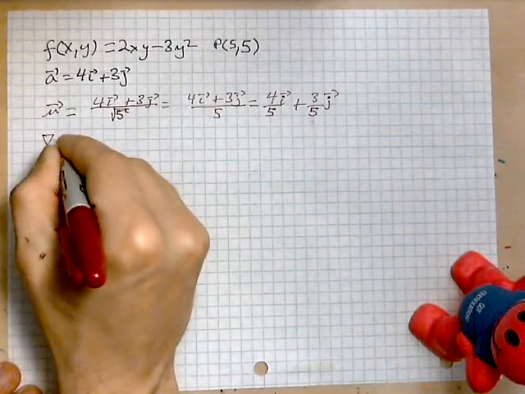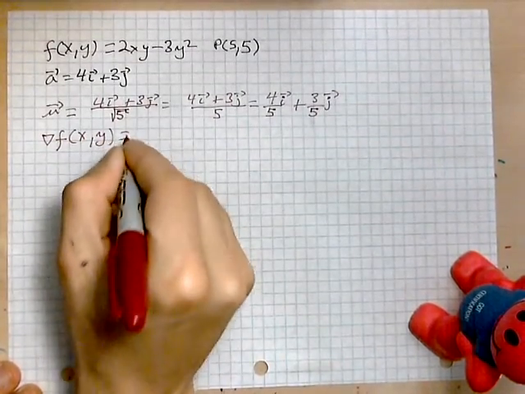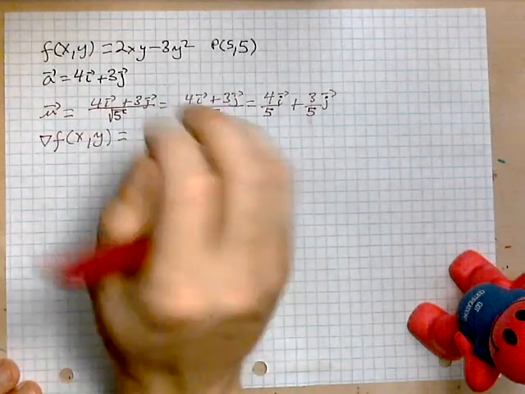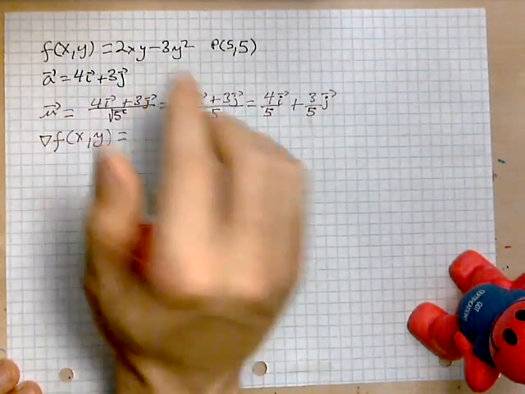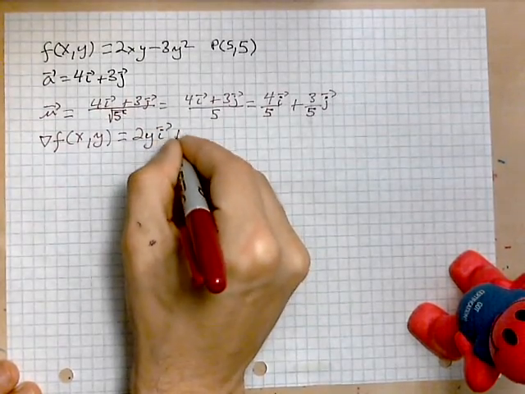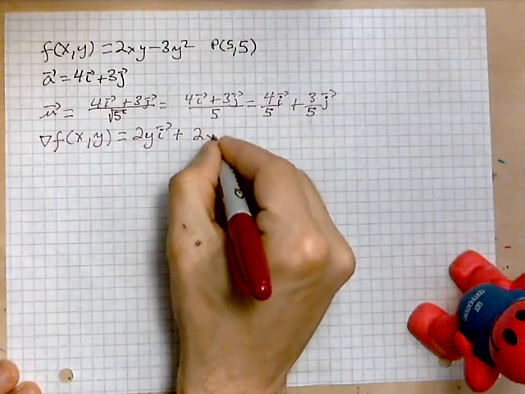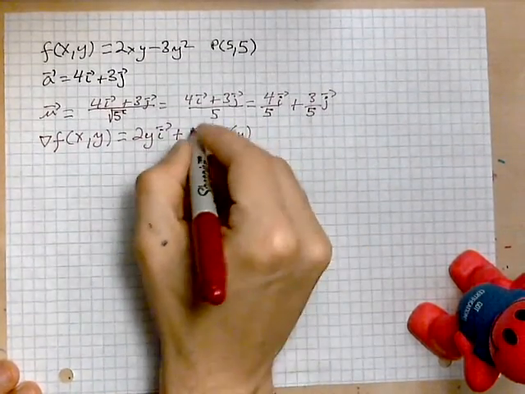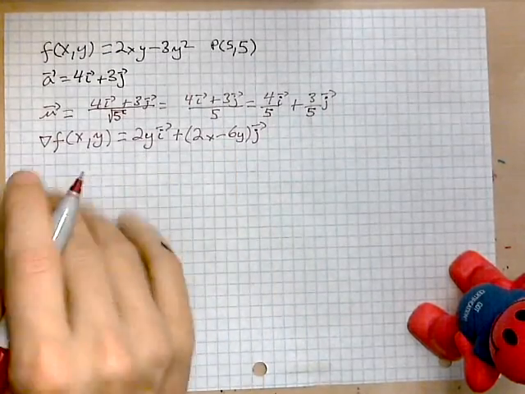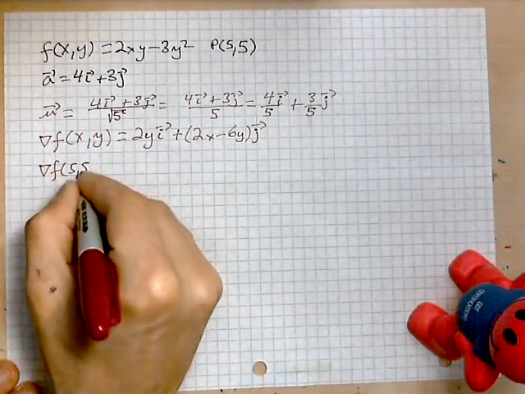So let's form the gradient. The gradient consists of the partials put into a vector. So we have the partial with respect to x, which is just 2y, so it's 2y i plus the partial with respect to y, which is 2x minus 6y. Once this is done, evaluate the gradient at the point (5, 5).